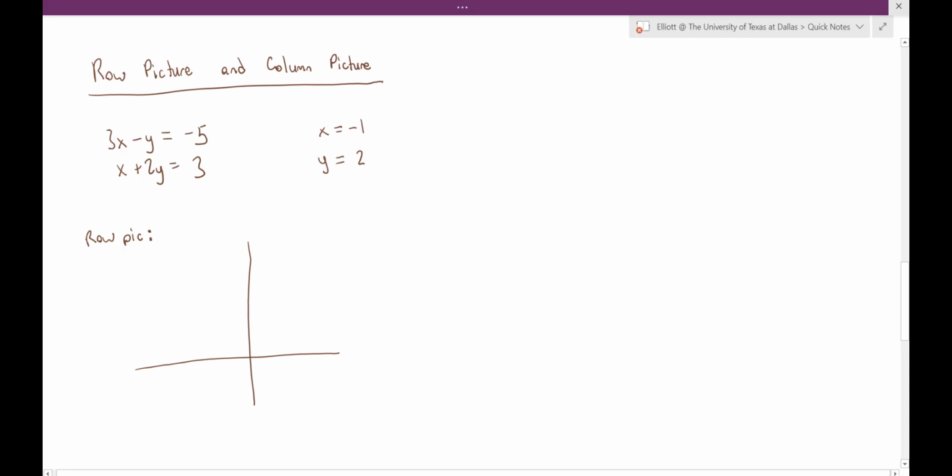The idea of the row picture is that each row or each equation represents the equation of a line. So what we're going to do in the row picture is we're going to graph the two lines represented by our equations.